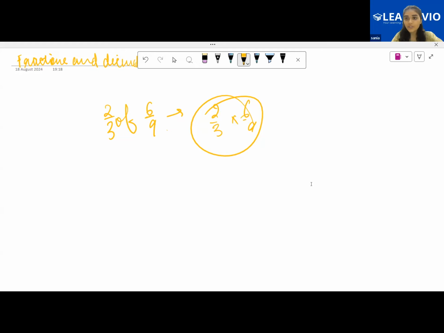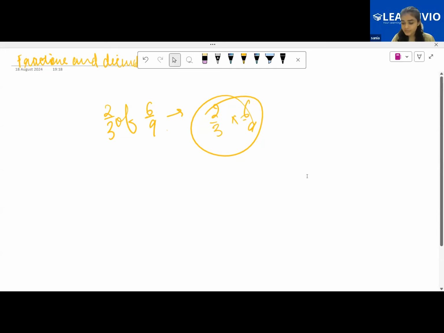Do you have your NCERT textbook? Yes. Please open your textbook. Have you opened? So in that you have example number 1.